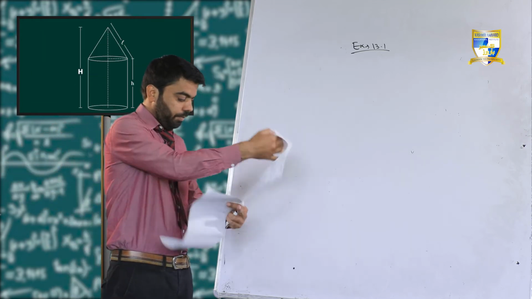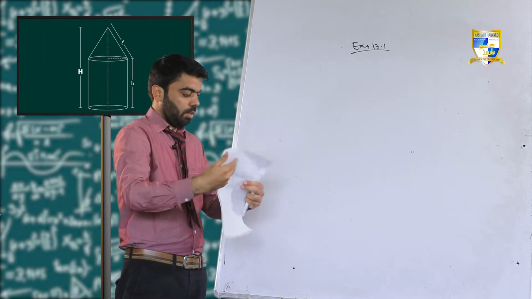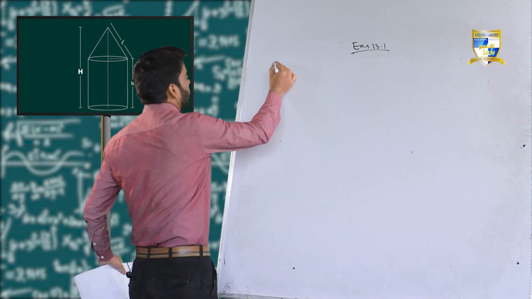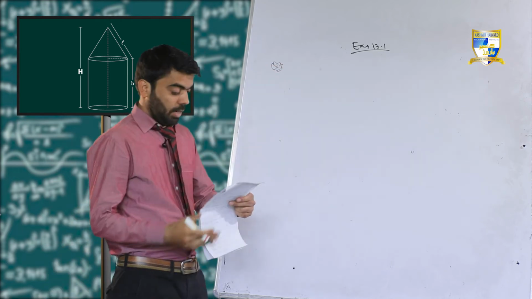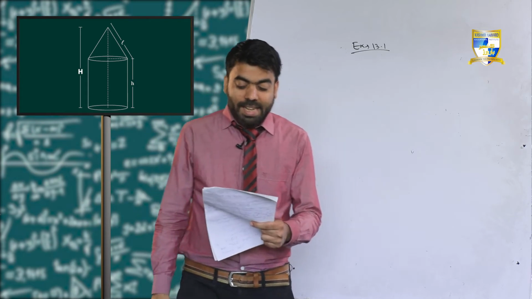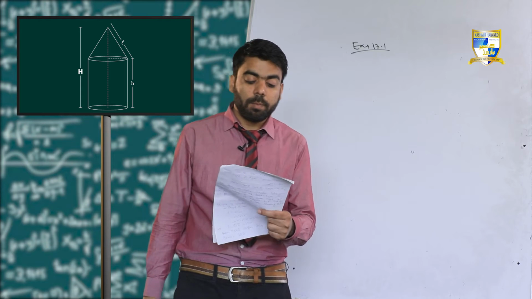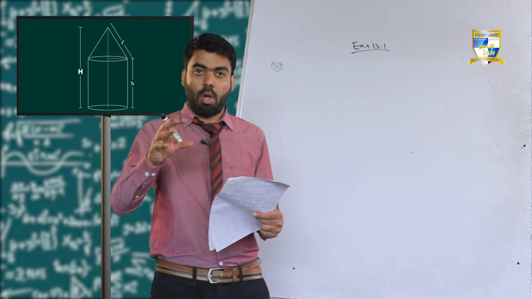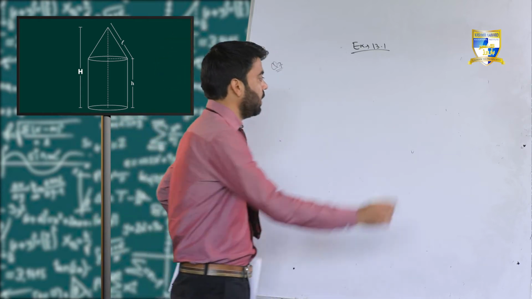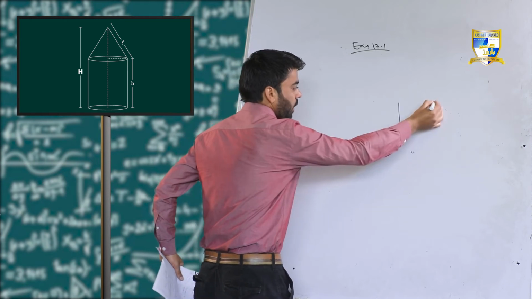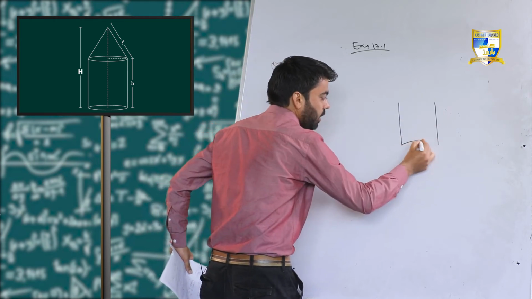This is a good question and may be asked in the examination. I will read the question here. A tent is in the shape of a cylinder surmounted by a conical top. It's a tent shape, like this. This is the cylindrical part.